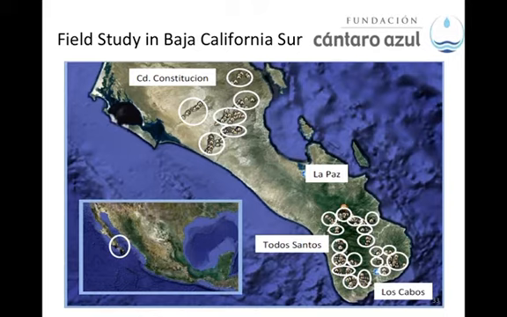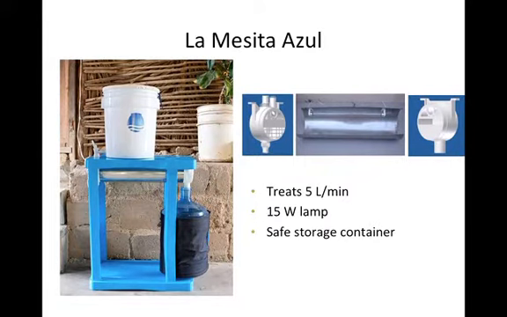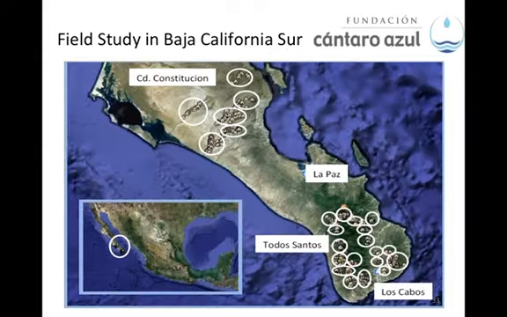This device was developed over about a 10-year period by a lot of different UC Berkeley students. And one of them eventually, Fermin Regadas, who was a PhD student in the Energy and Resources group, formed a nonprofit organization, shown up here at the top, Fundación Cántaro Azul.